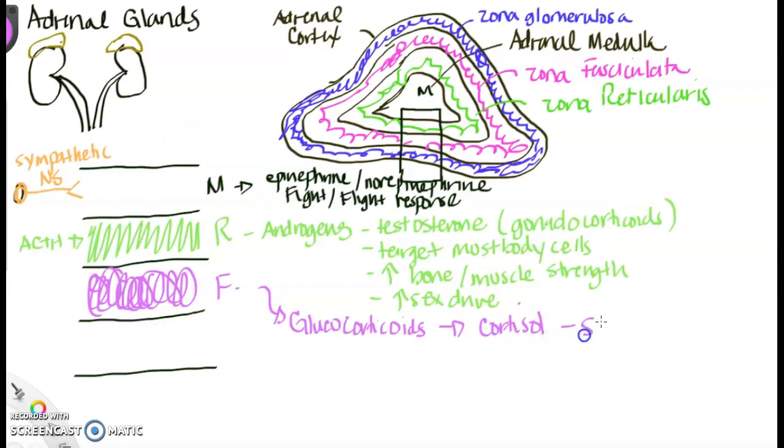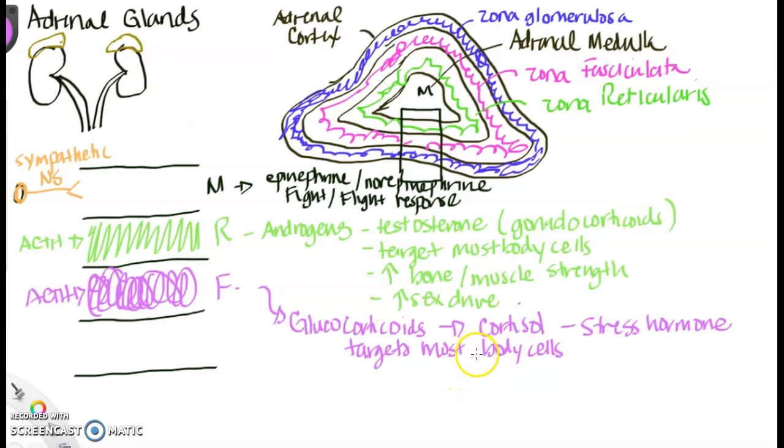Cortisol is the main stress hormone. Basically, cortisol targets most cells, targets most body cells. It's secreted because of ACTH, and it basically gets the body prepared for an emergency, prepared for a stressful situation.